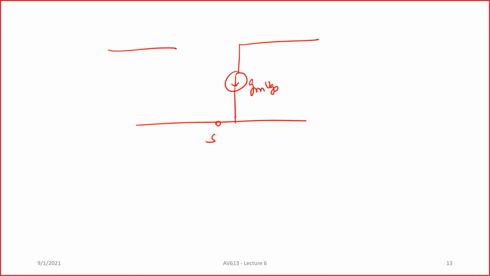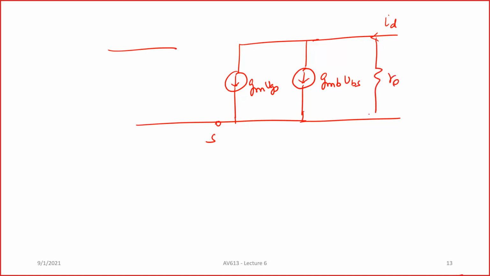Now this GM itself is going to change based on the signal, or in other words, the current drawn through the drain, this small ID, is going to change based on the signal. So we introduce one more parameter called GMB, and this is going to be proportional to VBS. Of course, you have R0 here. Let's say this is your VGS, and you have the bulk terminal. This is going to be your small VBS.